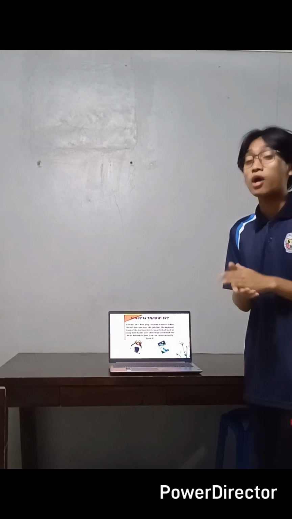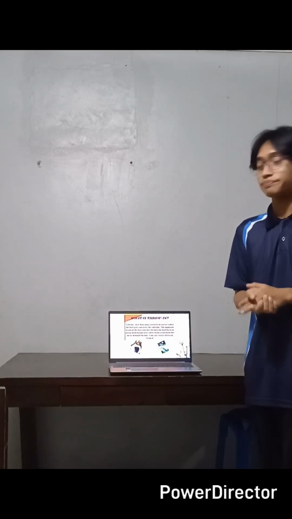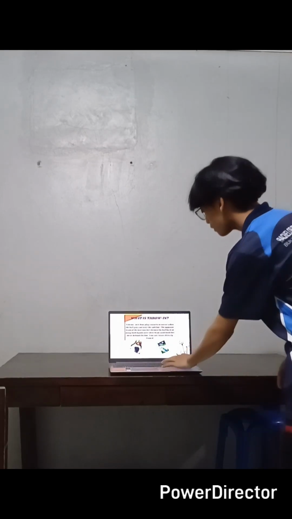When you perform a throw-in, you cannot score directly from it. All you have to do is pass the ball to your teammate, and that's it.